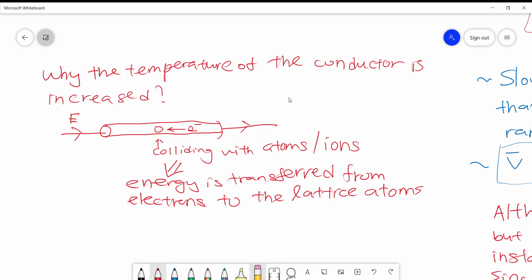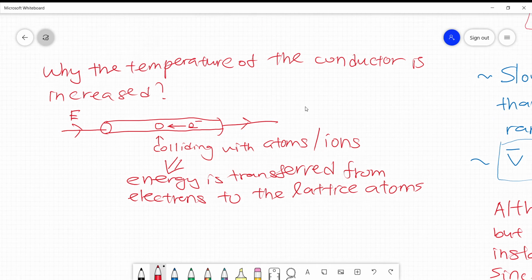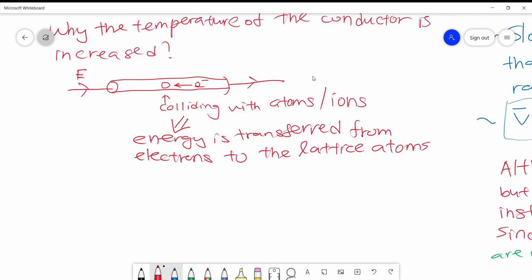Okay, so in the full sentence, let me write in blue color.